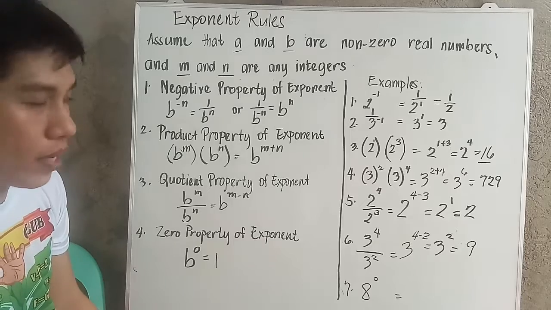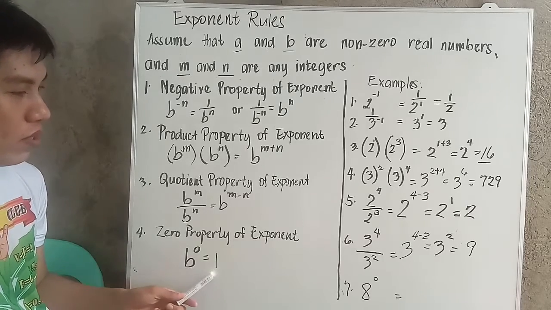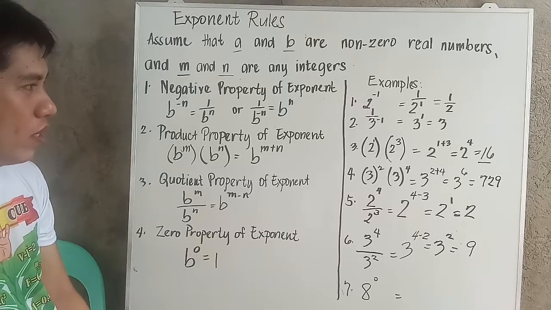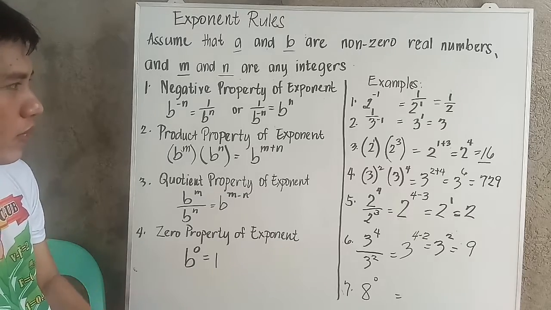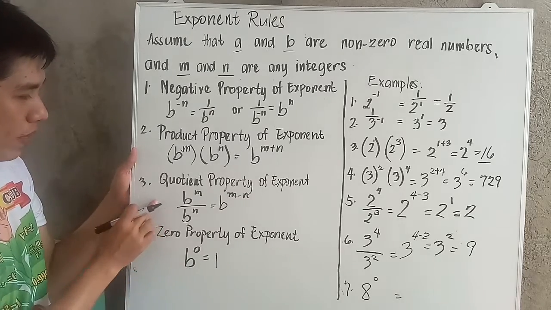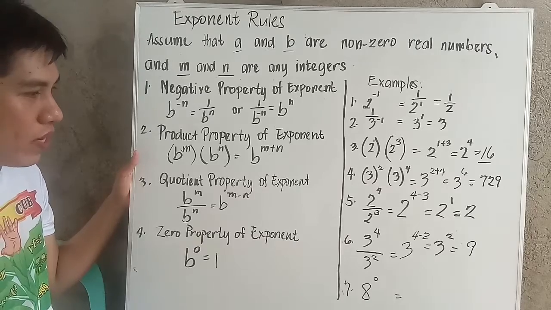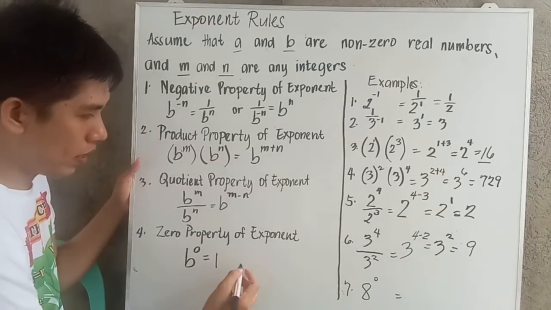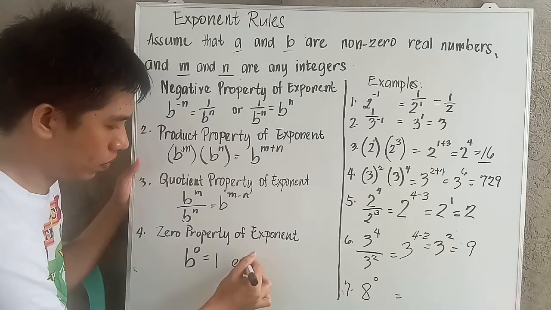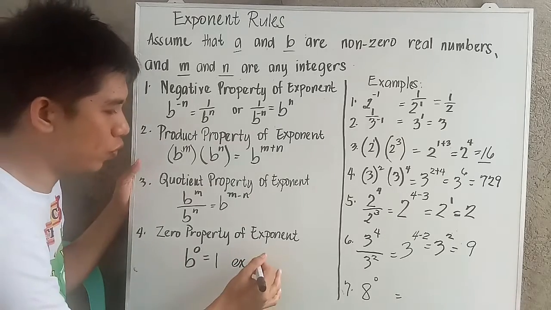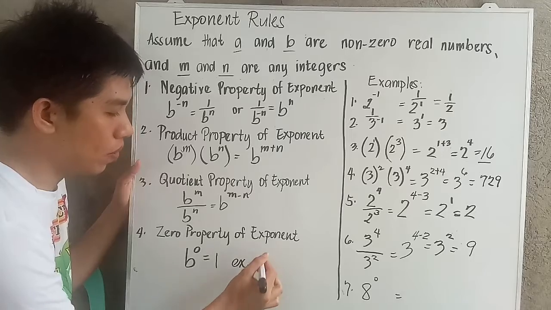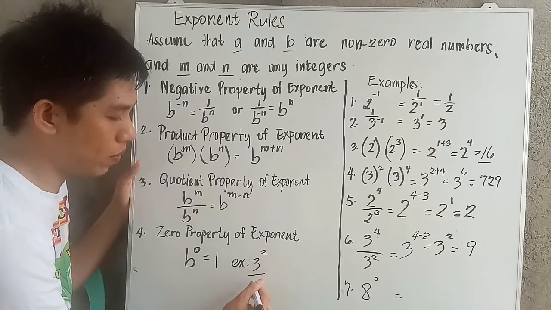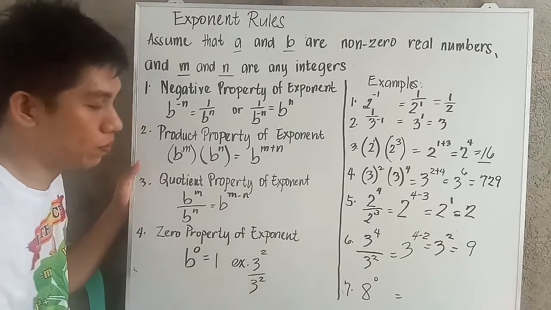So why is it 1? So can you still recall this property, quotient property number 3? So suppose, for example, we will cite an example. We have 3 raised to the power of 2 over 3 raised to the power of 2. Okay?